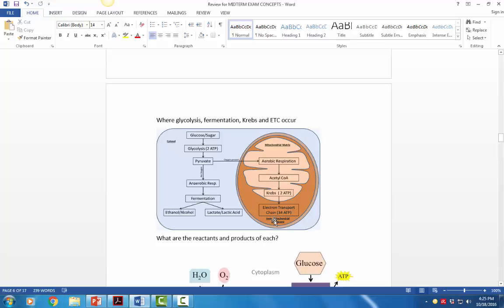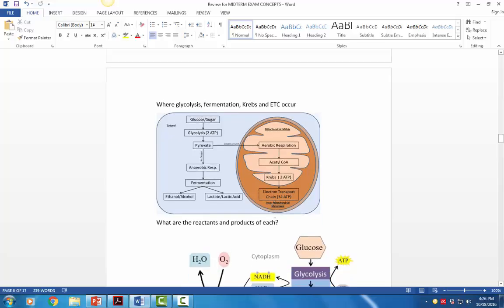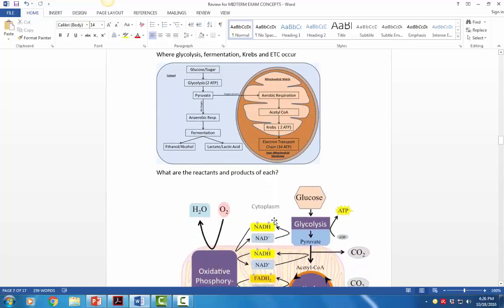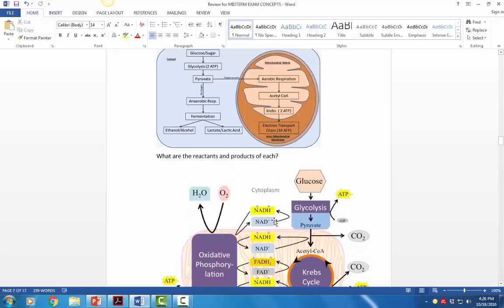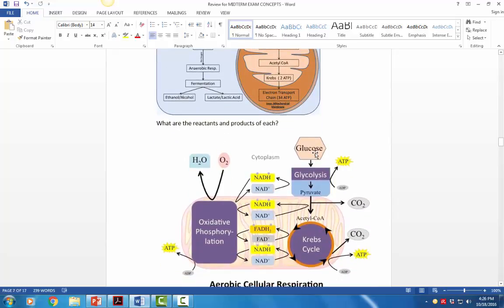So what are the reactants and products of each of these processes? Well, we know with glucose and glycolysis we get 2 molecules of pyruvate and 2 ATP. If we have oxygen present and that acetyl coenzyme A is formed, it enters the Krebs cycle, the waste product we see of the Krebs cycle is carbon dioxide, and we also get 2 ATP. And lots of enzymes are created in the process of the Krebs cycle.